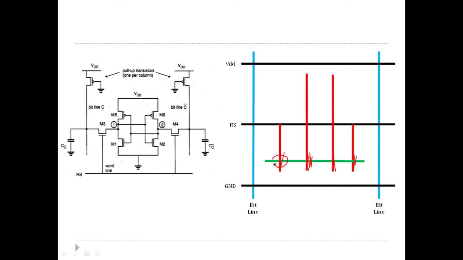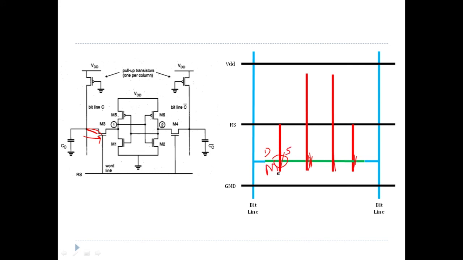This will be my M3, because I will start from the left hand side. Here you can see the drain of M3 is connected to the bit line, so I'll extend this metal line to connect to the drain. This is the drain of M3, so this will become the source of M3.